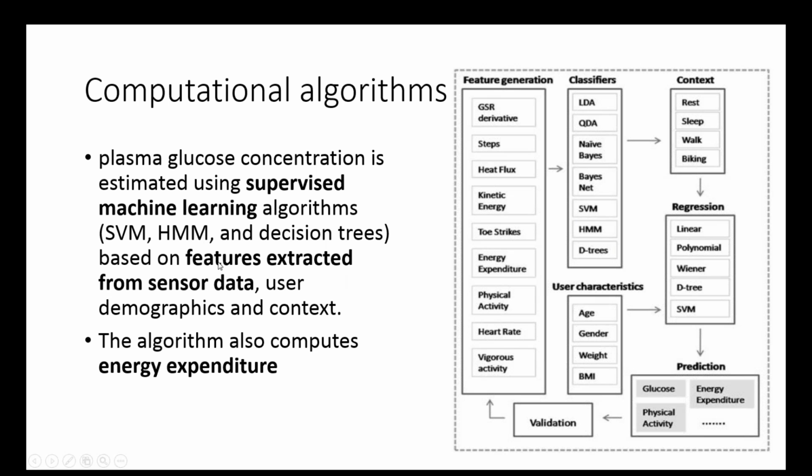So then you use a bunch of machine learning, support vector machines, hidden Markov models, decision trees, based on these features to actually compute all these things, which is pretty cool. I mean, you can compute not only physical activity or energy expenditure, but you can compute what we want, the glucose level.